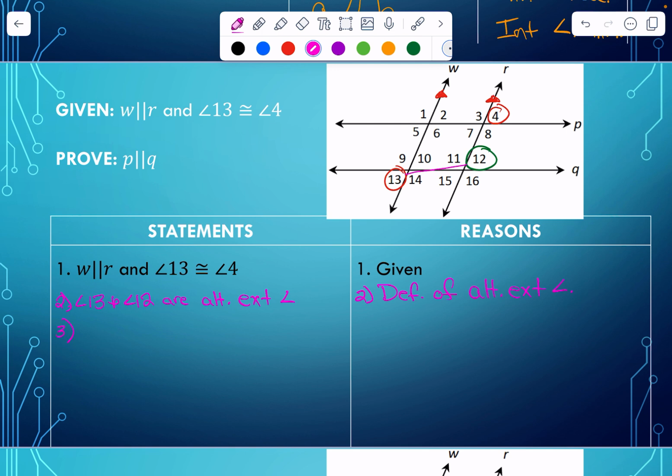Next, we know they're alternate exteriors of parallel lines, so I know angle 13 is congruent to angle 12, and that is by the alternate exterior angle theorem. Now I know that 13 is congruent to 4, and I also know that 13 is congruent to 12. So now I know angle 4 must be congruent to 12, and that is by substitution.